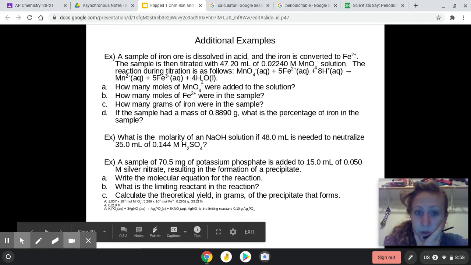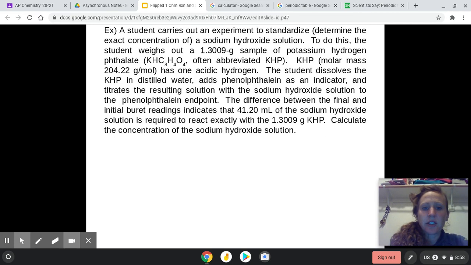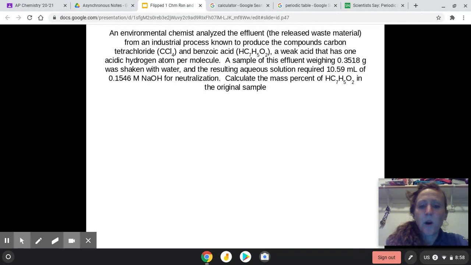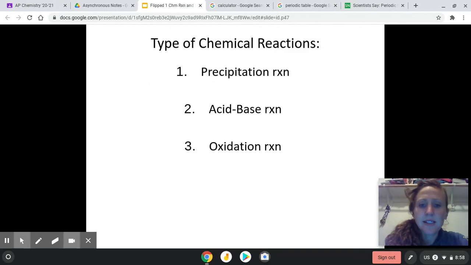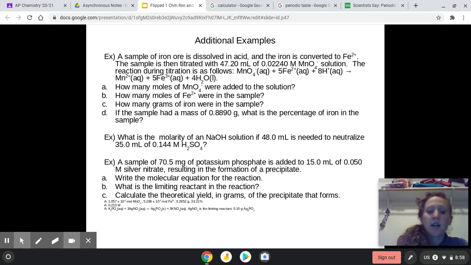Okay, we have lots of different reactions we can do here. And actually, I want to go through one more of these as a class, and then the rest of them I'm going to leave, especially this page.